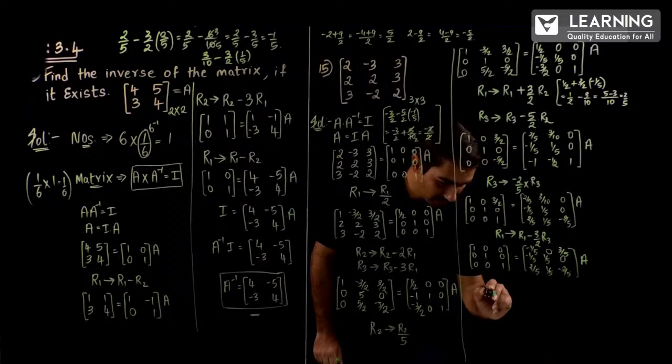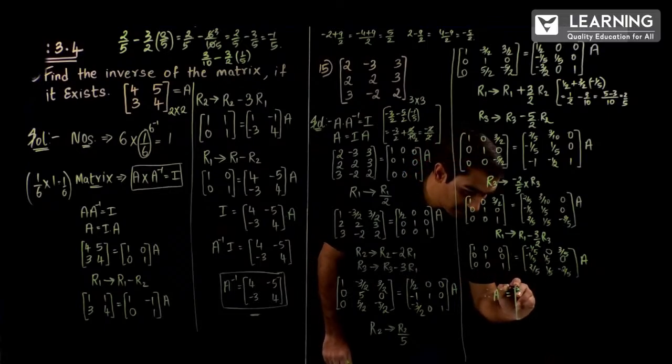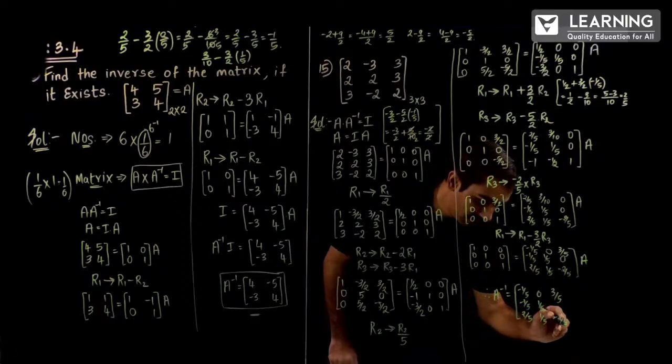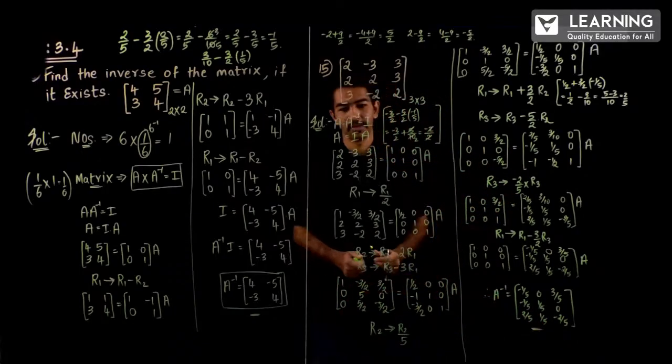So therefore you can finally write A inverse equals minus 1 by 5, 0, 3 by 5, minus 1 by 5, 1 by 5, 0, 2 by 5, 1 by 5, minus 2 by 5. This will be your A inverse.